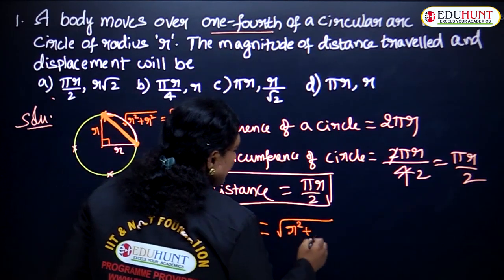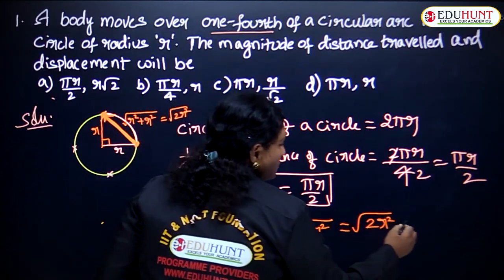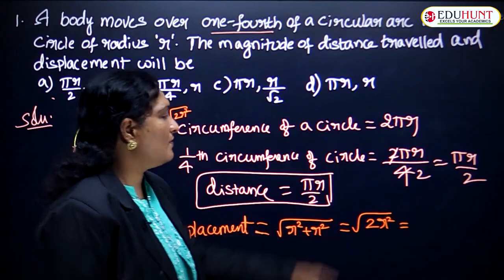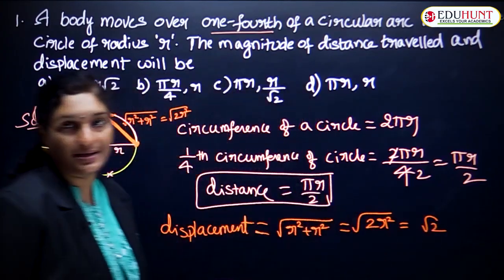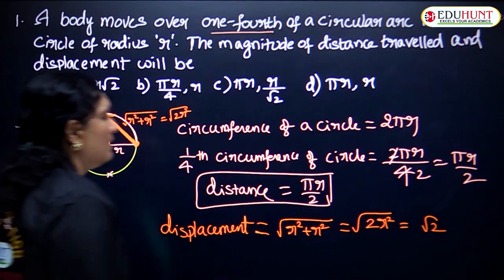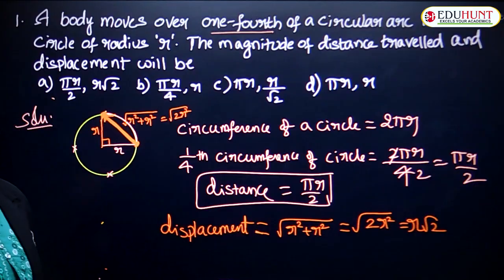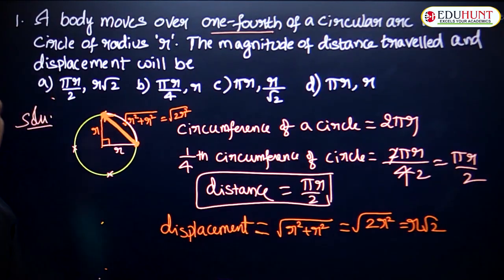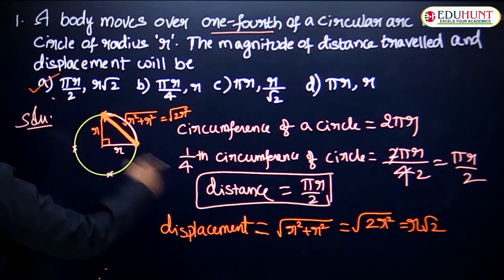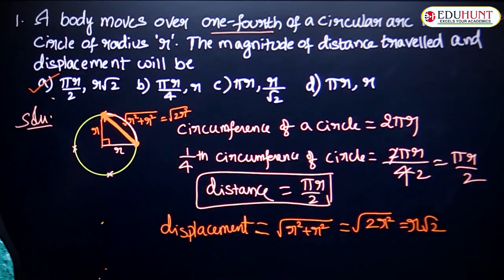Side square plus side square is r square plus r square, which is 2r square. Root over 2 is root 2, whereas root over r square is nothing but r. So let us write r in front. Then what is the value of displacement, children? Displacement equals r root 2. Hence your correct option is pi r by 2 and r root 2. Hence the first one is the correct answer.